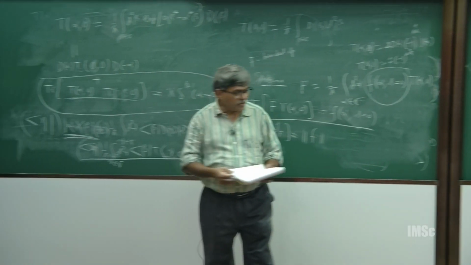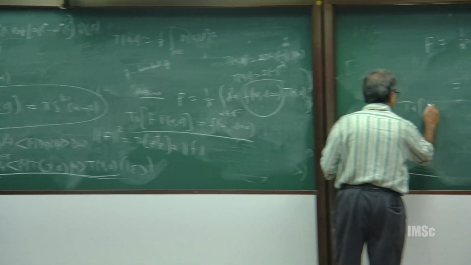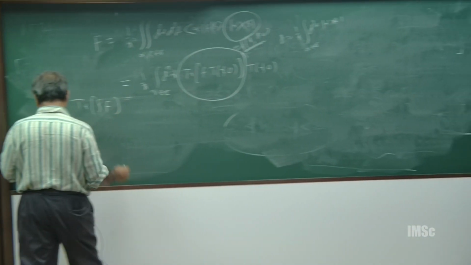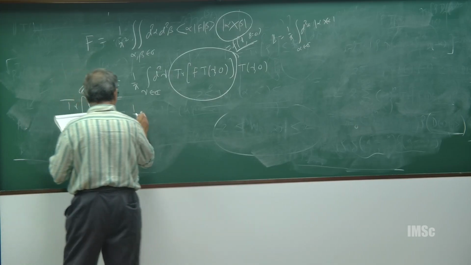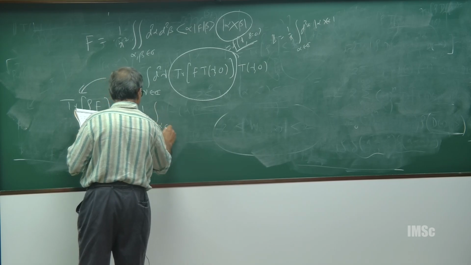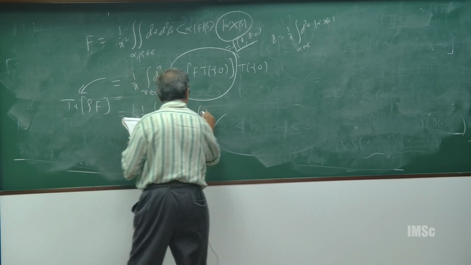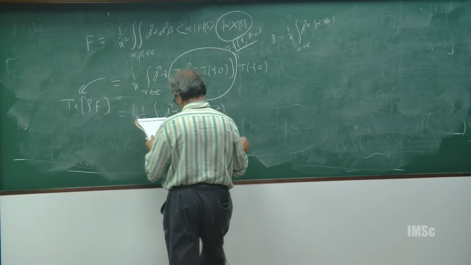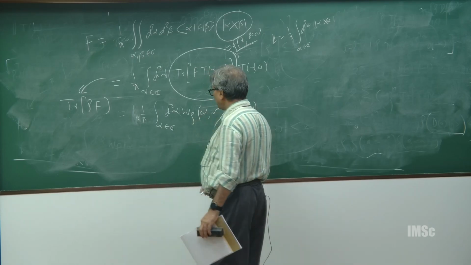Okay. And from here you can prove that trace of rho F is equal to 1 upon pi integral over alpha belonging to C, d square alpha, Wigner function of alpha star and then f of alpha, 0. Okay.